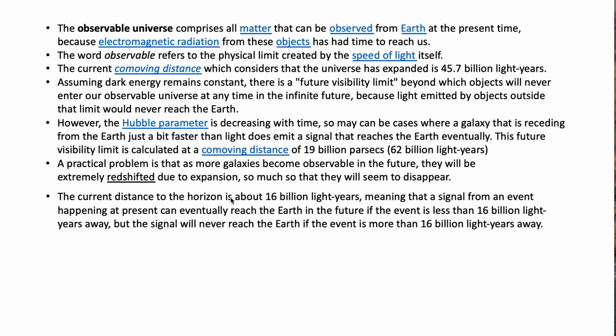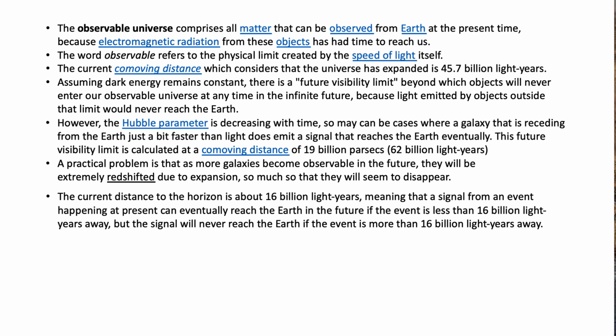Right now, the distance to the oldest objects we can see is about 16 billion light years, because they emitted light that is just getting to us. And while it was traveling to us, they continued to move away. So we talked quite a bit about how old the universe is, 13.5 billion years.